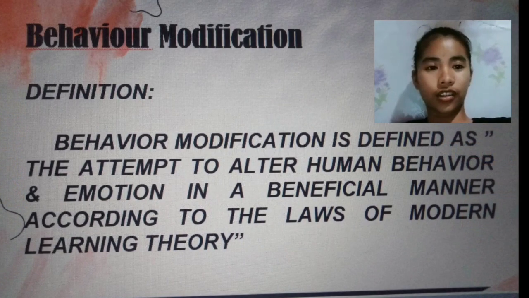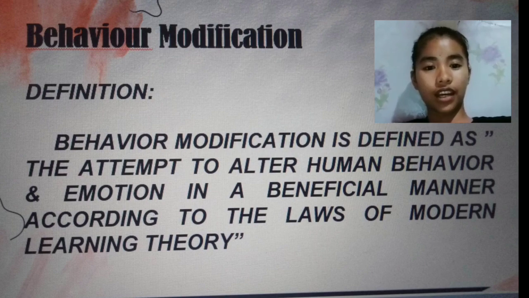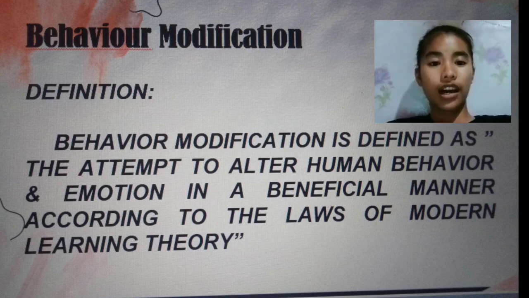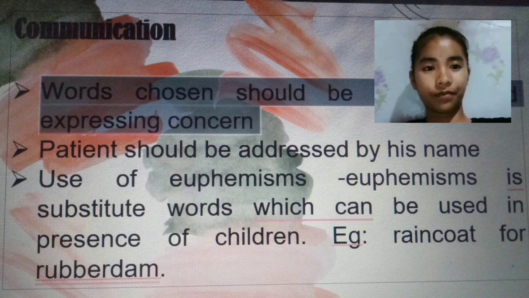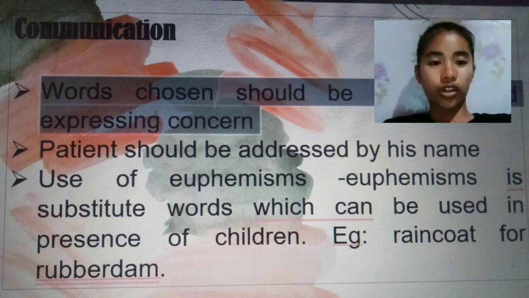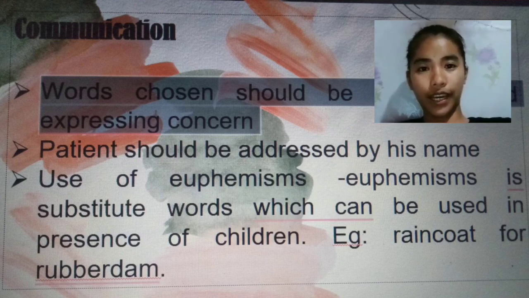Behavior modification. Definition: behavior modification is defined as an attempt to alter human behavior and emotion in a beneficial manner according to the laws of modern learning theory. Communication: words chosen should be pleasant and expressing concern. An example of expressing concern is saying you are worried about them being late and not arriving on time.